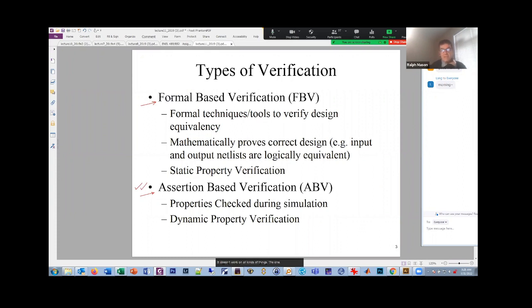The one place that it actually is used is to find equivalency between netlists. So for instance, if you have RTL, you generate a gate level netlist, then you do a place and route, you generate another netlist. We often use an automated tool that does formal verification that, yeah, these netlists match each other. But that's kind of like the only place it's really used.